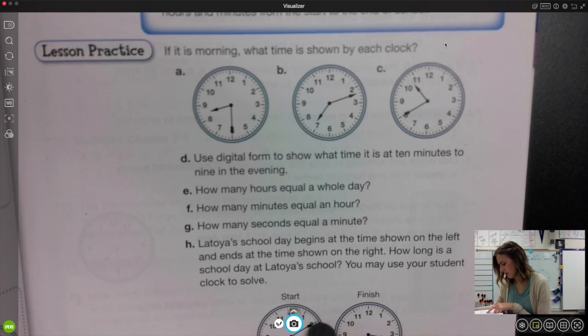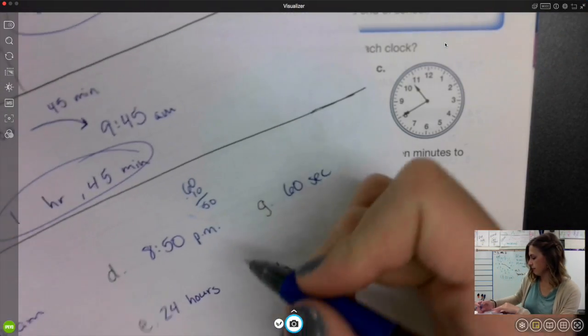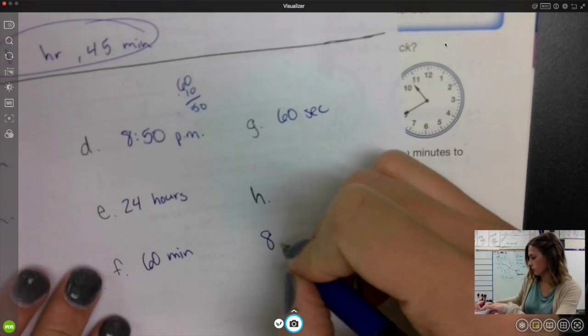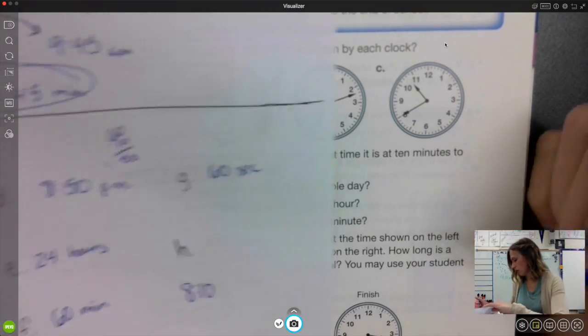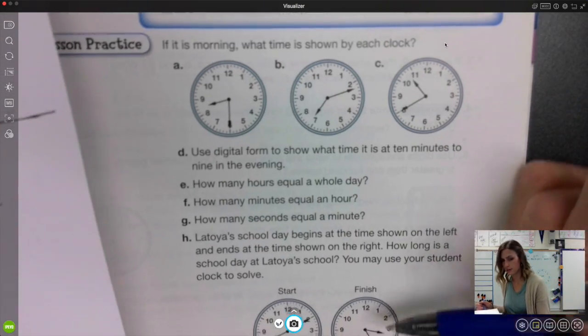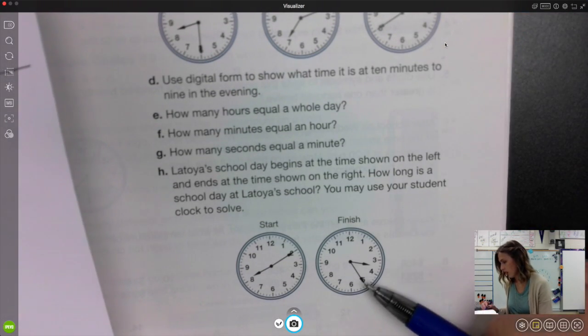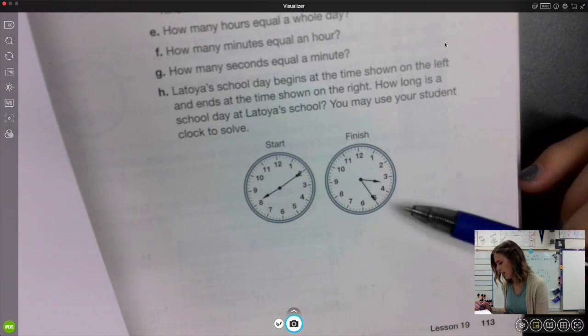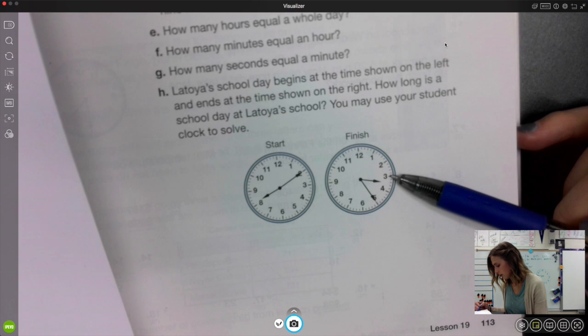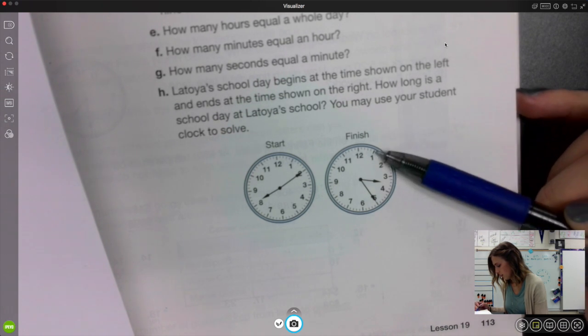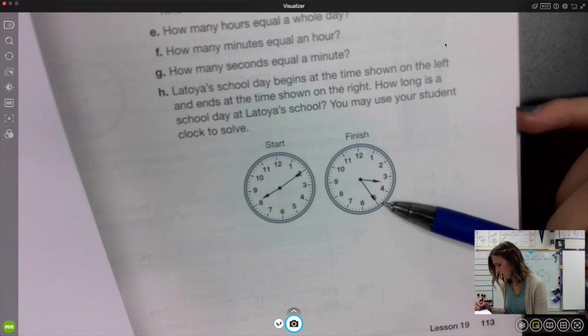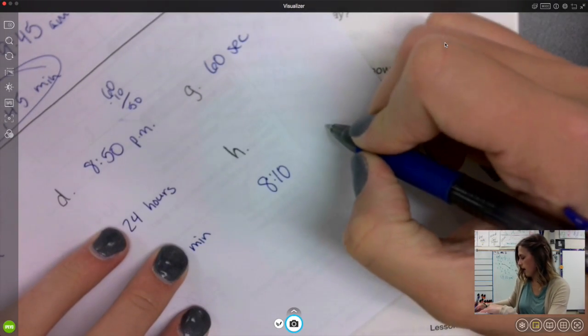So 5, 10. So it starts at 8:10. And then it finishes, the little hand is between the 3 and the 4, so we're going to use the 3, 5, 10, 15, 20, 25. So it ends at 3:25.